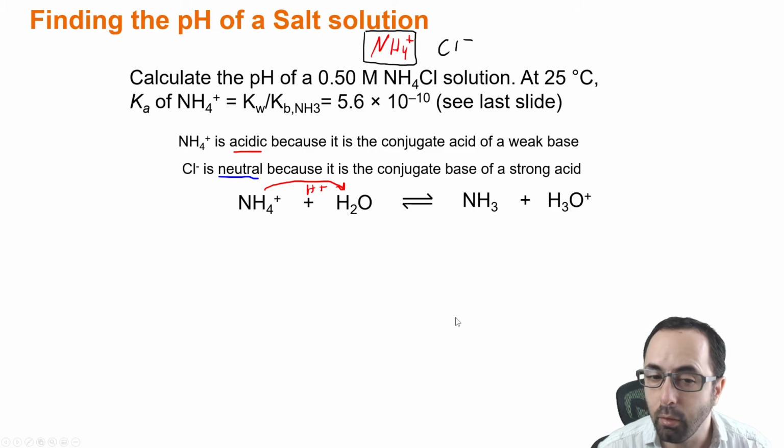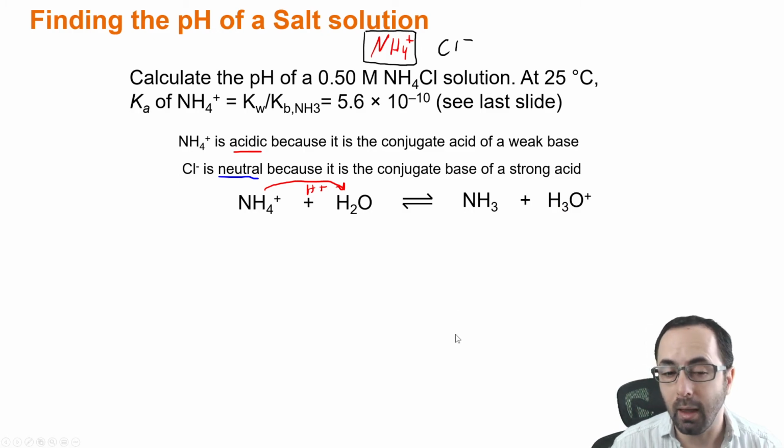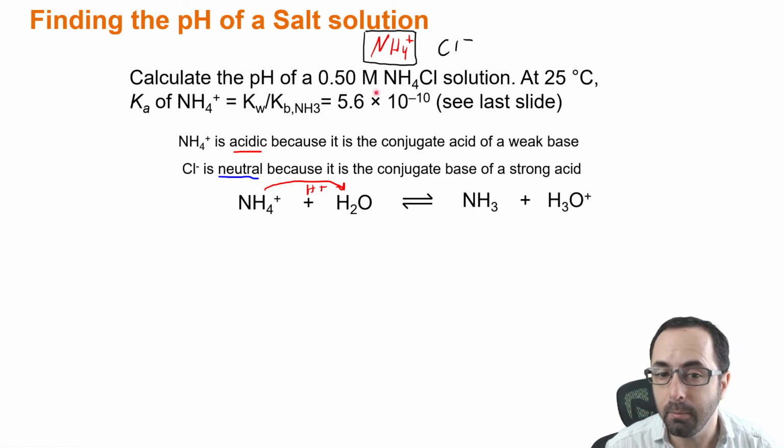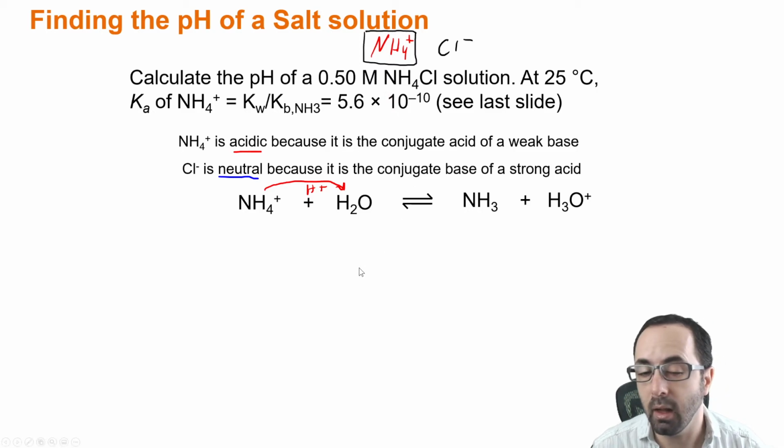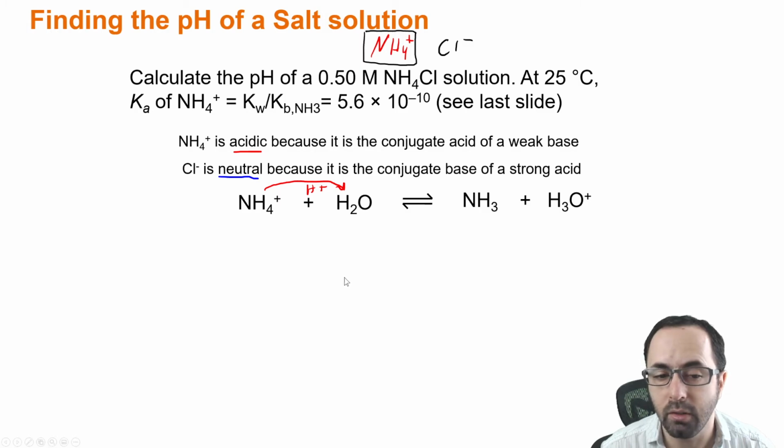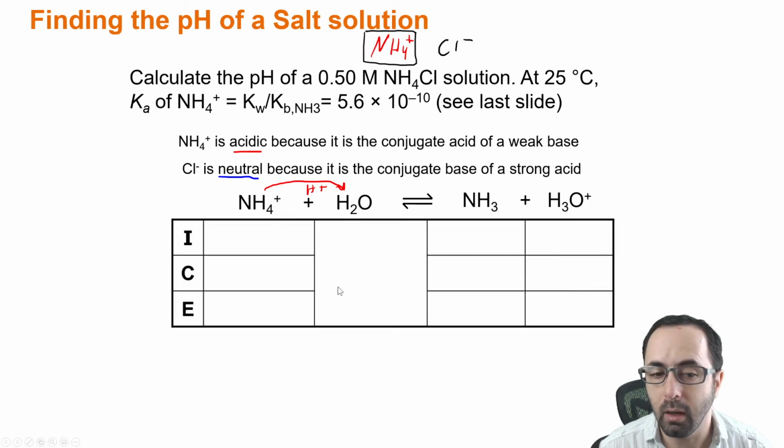So just like if we're trying to figure out the pH of any other weak acid solution, we've got the Ka, we're going to use it, we've got to set up an ICE table and state our equilibrium concentrations in terms of X. So we set up an ICE table, and ammonium ion concentration is right here, 0.5 molar.